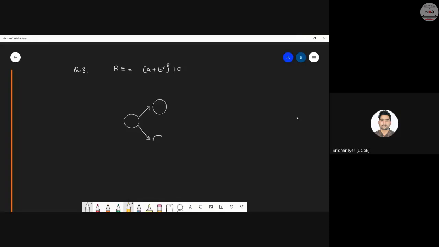So there will be one more closure in between. This time it is A plus B closure. So the lower part which I'm drawing is B closure.